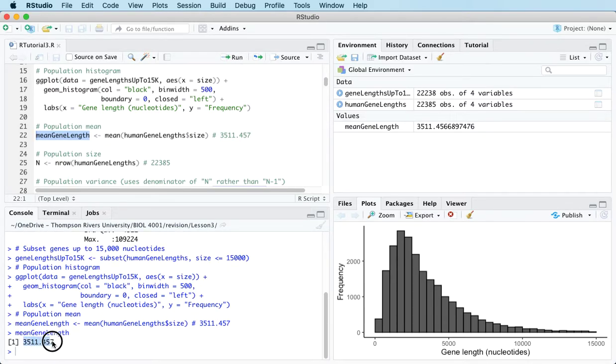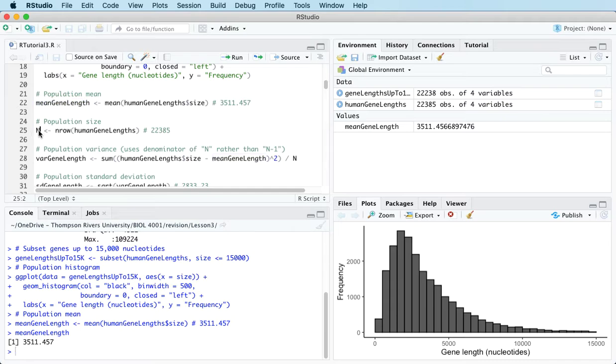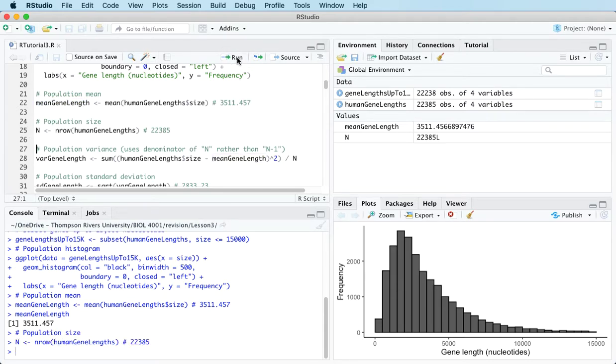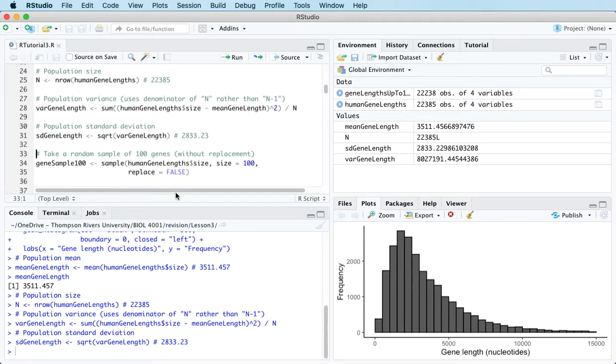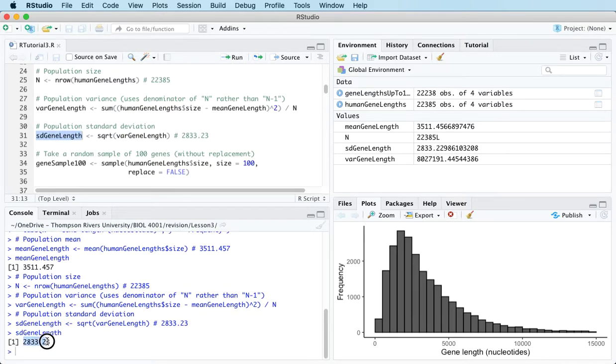This is the number that we're trying to estimate with our sample, and normally we don't have this number, but in this case we do, because I'm just illustrating the process. I'm also going to keep track of the population size, and that will allow me to calculate the population variance and the population standard deviation. The standard deviation in this case for the population is 2,833.